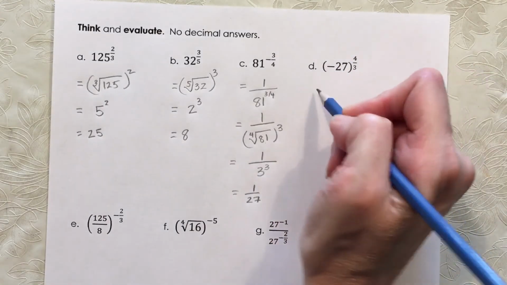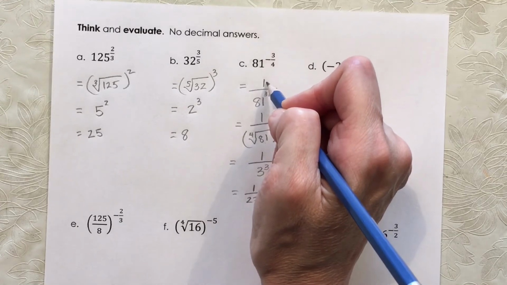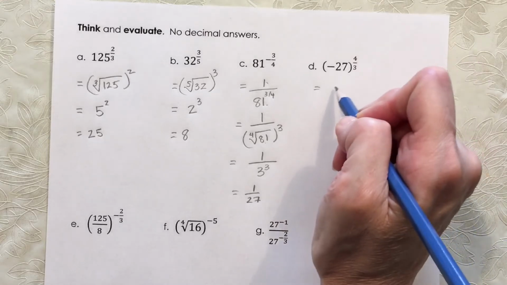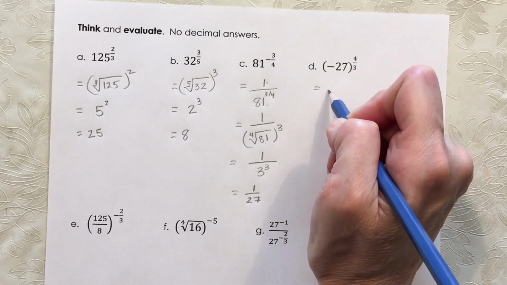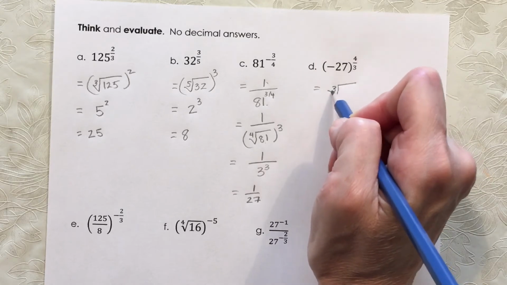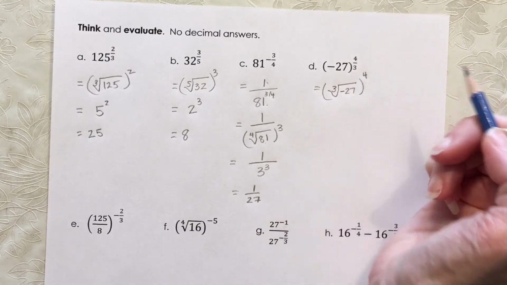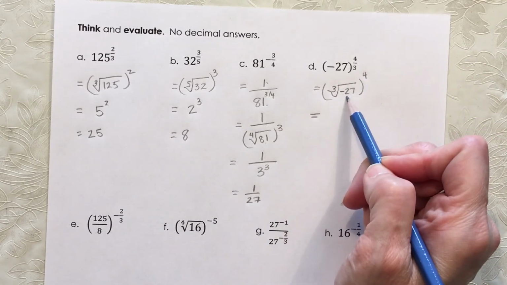And this one, again, here the exponent was negative, and that's why we use the exponent rule 1 over. Here, though, the base is negative, so that doesn't affect the exponent. So this is going to be the third root of negative 27, all to the 4th power. Again, we can take the third root of a negative number.